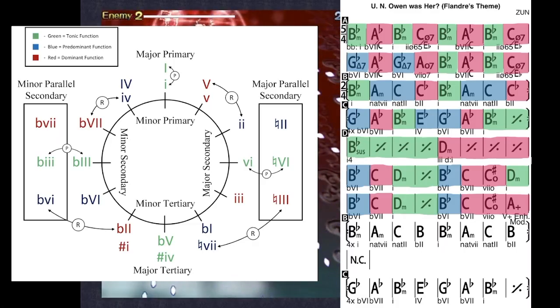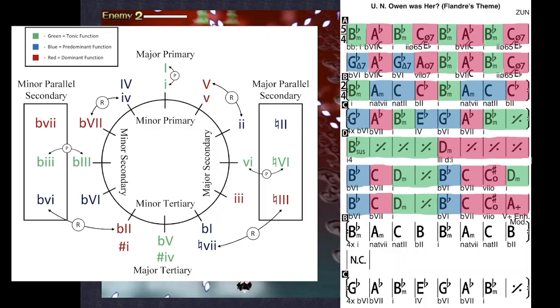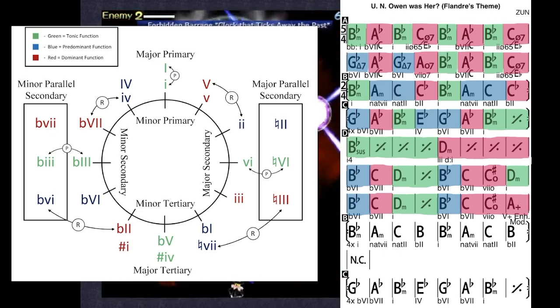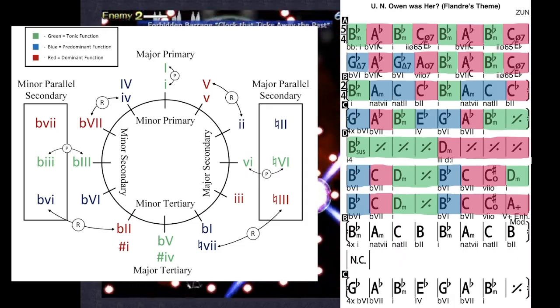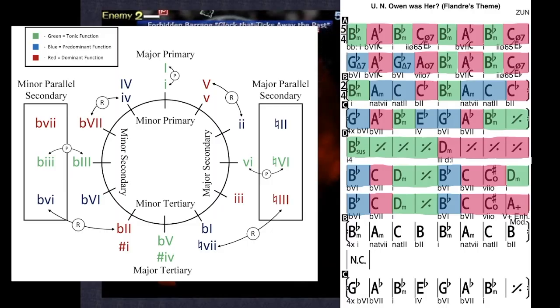So looking at this chart here, we have the bridge section, and the bridge is actually the most straightforward thing in the entire piece. We have flat 6, flat 7, 1, flat 6, flat 7, 7 diminished 1, flat 6, flat 7, 1, flat 6, flat 7, and then a fake out that then transitions to another section. So let me play this, right?